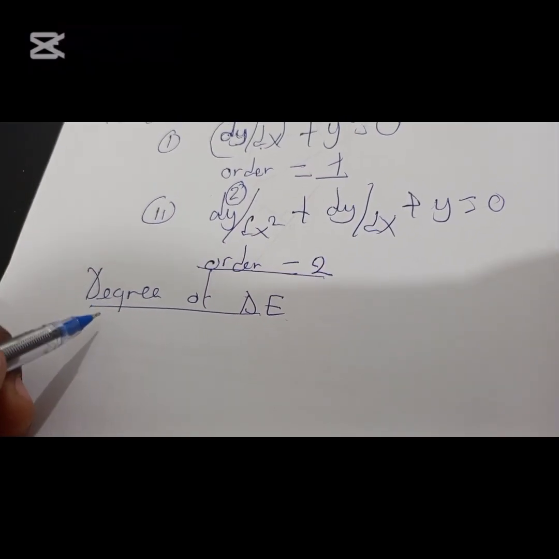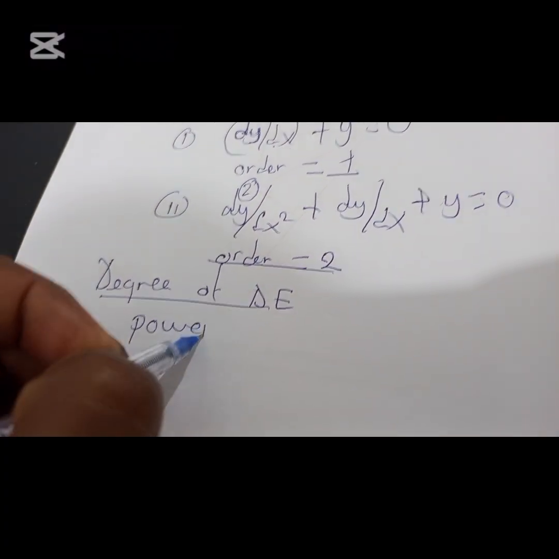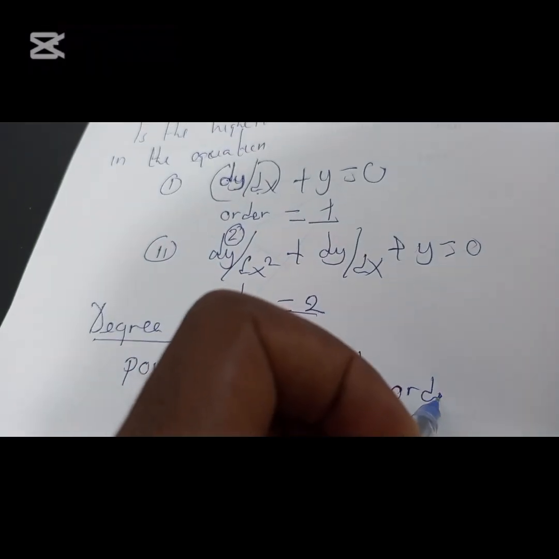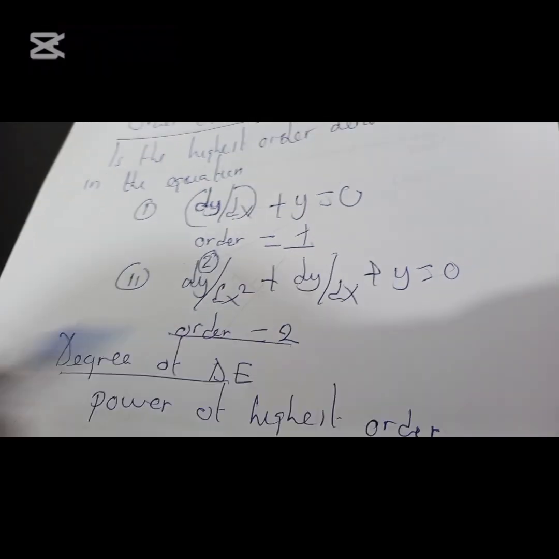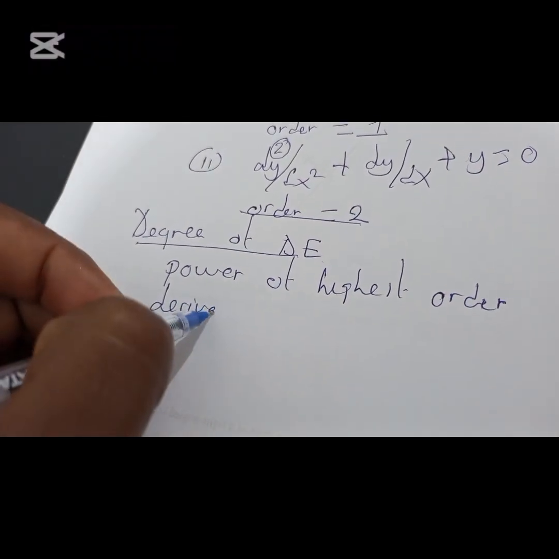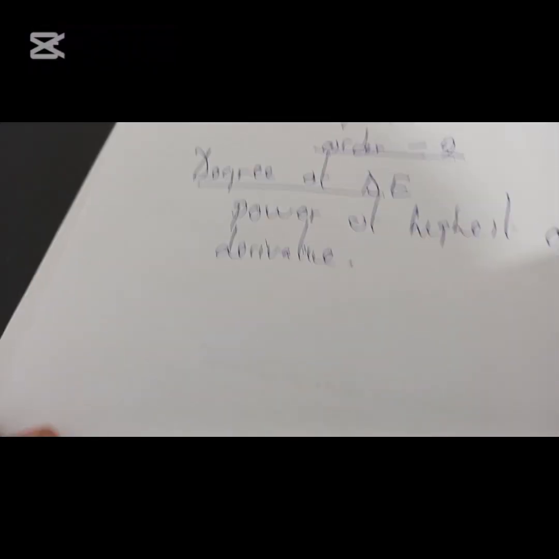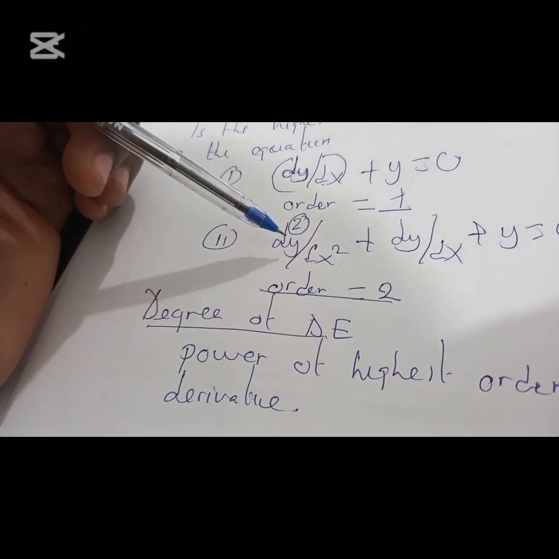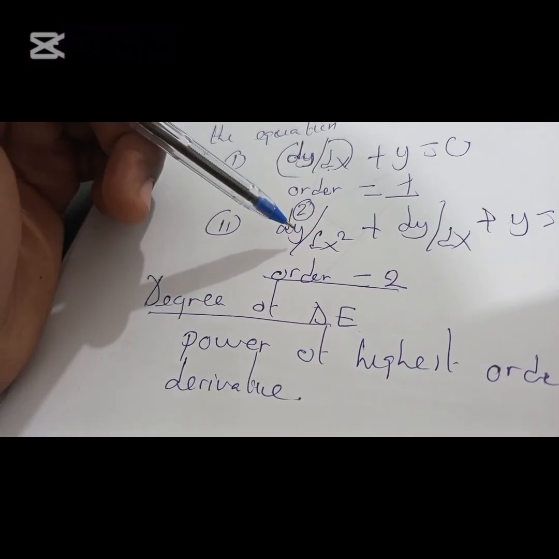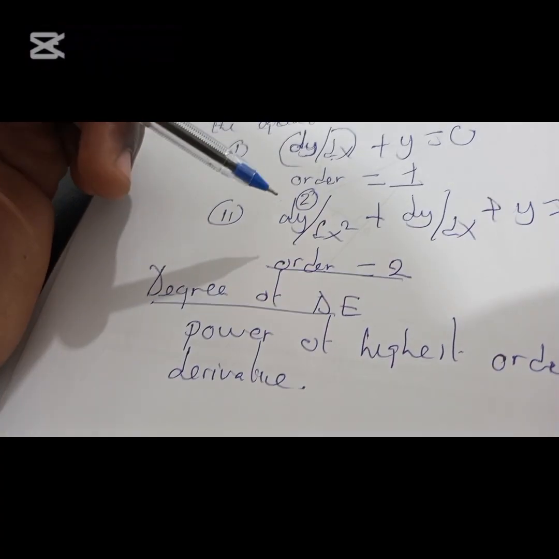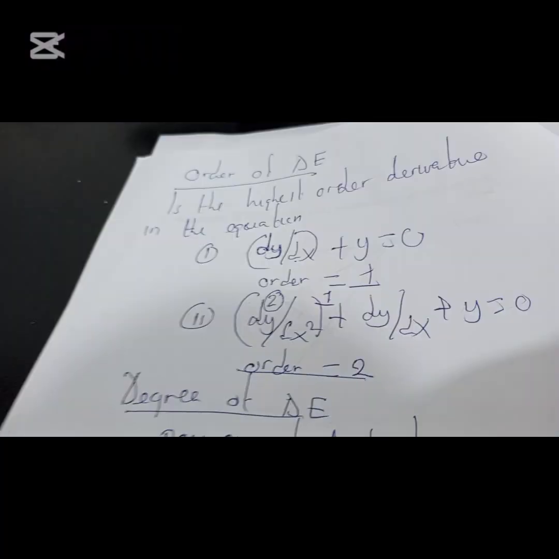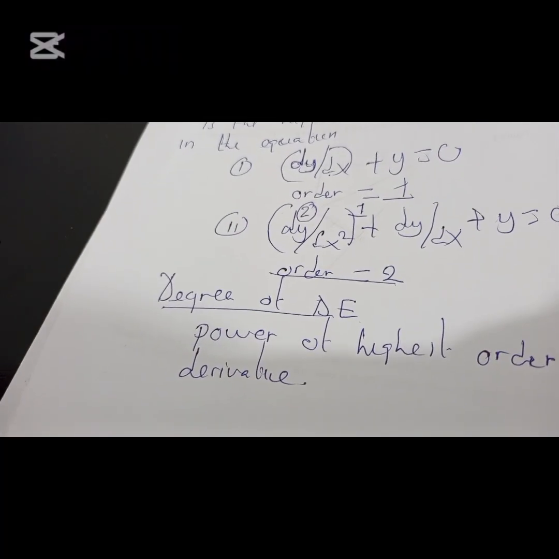For the degree, we look at the power of the highest order derivative. In the previous example, d²y/dx² is the highest order, and its power is 1. This is the degree of the differential equation.